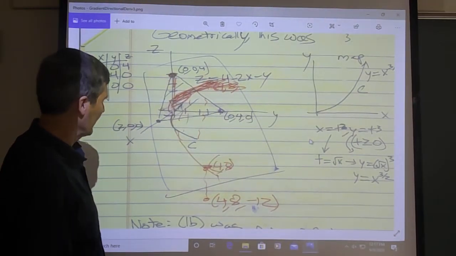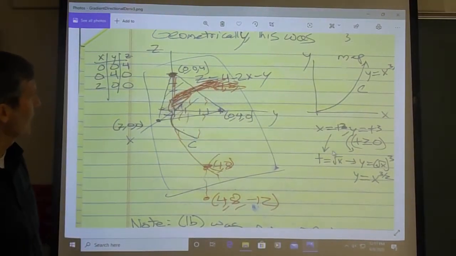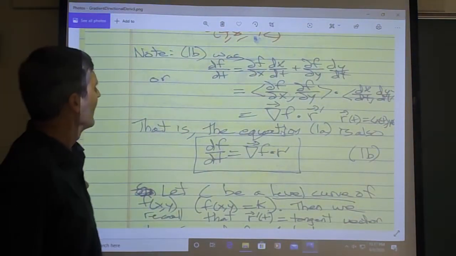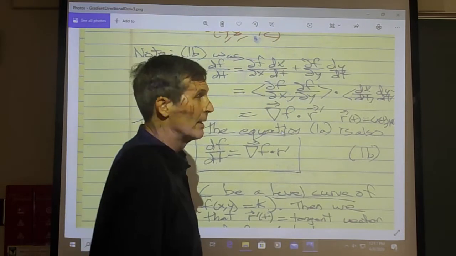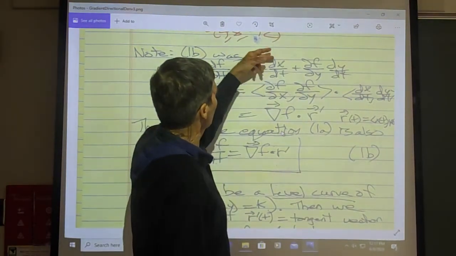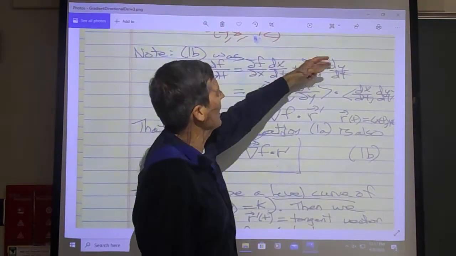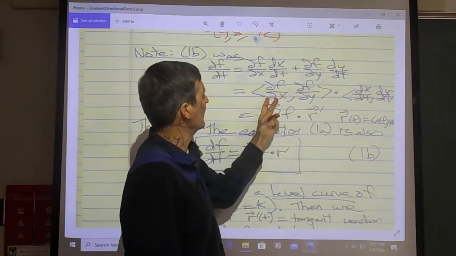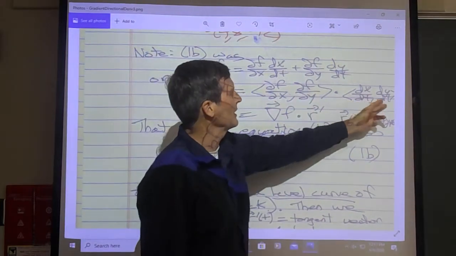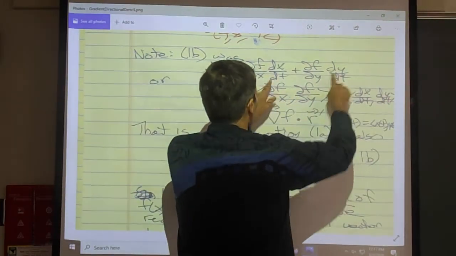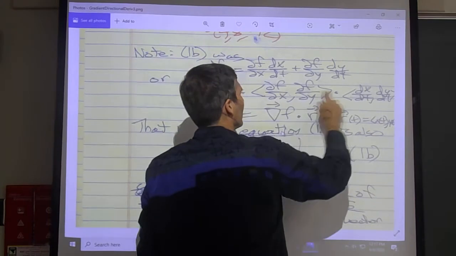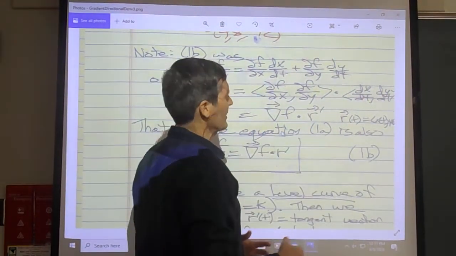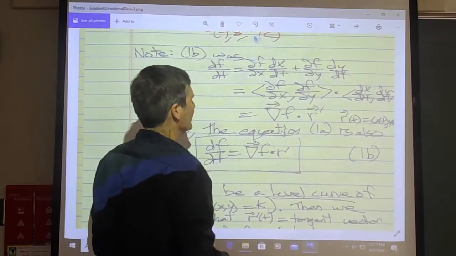What is dz dt? Well, this is an application of the chain rule. Here's a nice way to write it. We said df dt is df dx dx dt plus df dy dy dt. If you think about that for a second, it's really the dot product of these two vectors, df dx, df dy and dx dt, dy dt. It's this times this plus this times this. But this is the gradient, and this is the tangent vector. dx dt, dy dt is the vector that's tangent to any curve, when it exists.